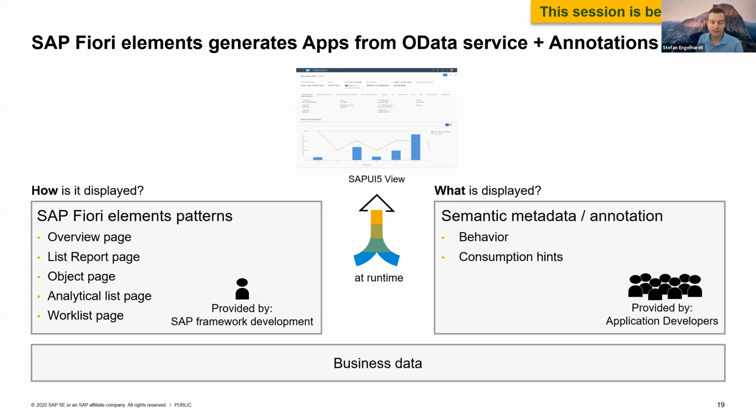So when you build a normal UI5 application and you want to build such a view like you see here, an object page with a form and a chart, you create a view, you add a form control to the view, you add a couple of form elements to it. And you need to take care of setting all the properties on the alignments, so the form alignments and so on.